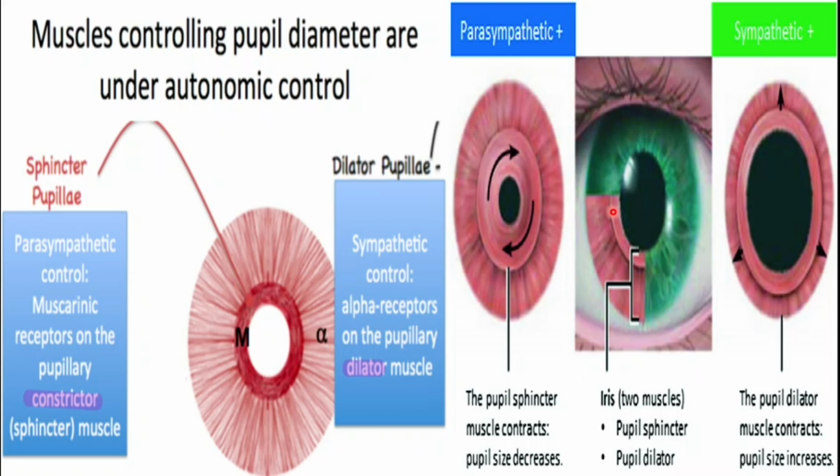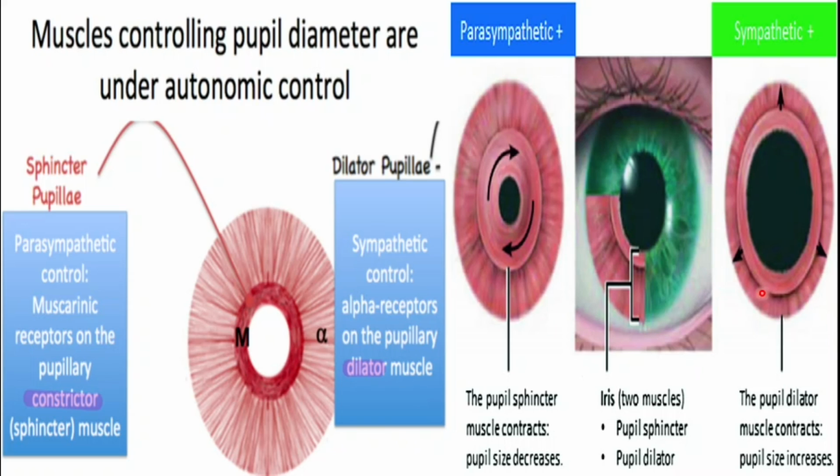So what really happens is, if the sphincter muscles contract, then the pupil will reduce its size, right? And if the circular muscle contracts, then there will be an increase in the size of the pupil. For example, if this is the sphincter muscle and it contracts, the pupil will be reduced in size, which is known as miosis.